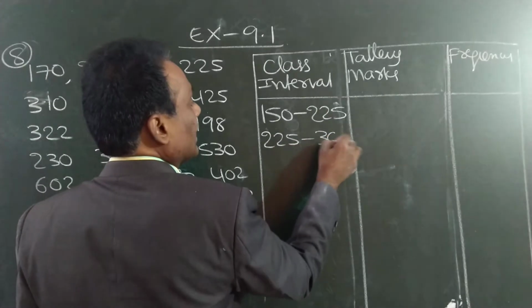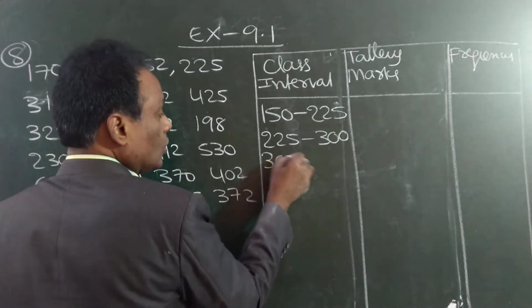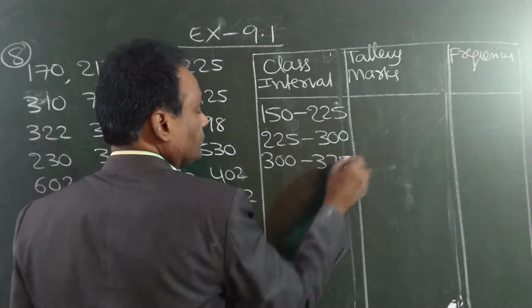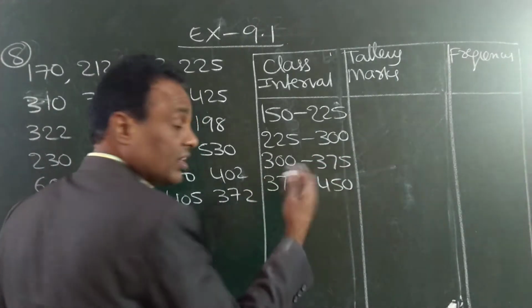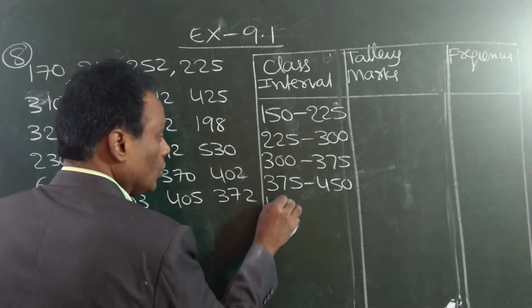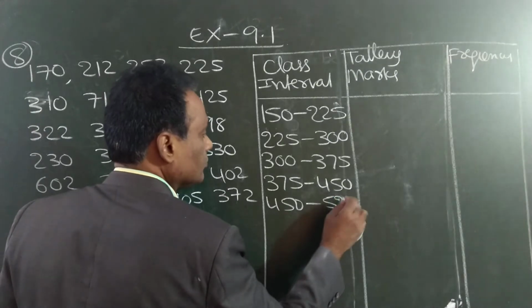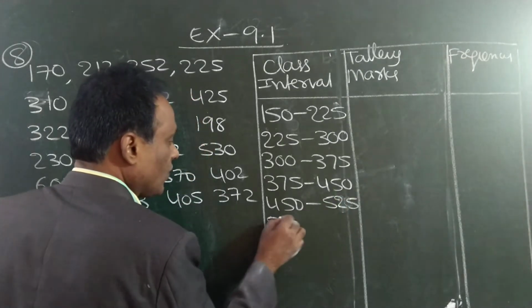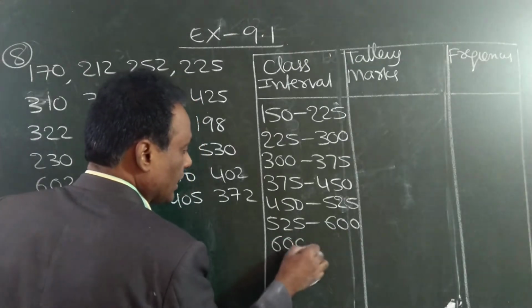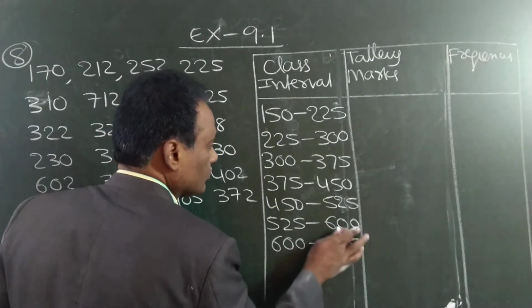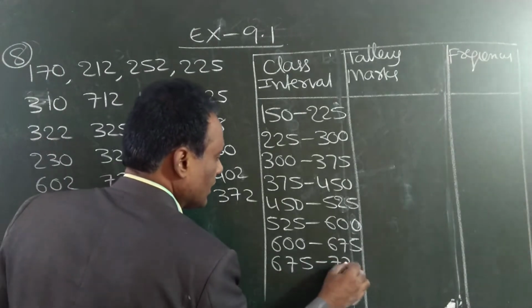225 to 300, 75 difference. 300 to 375. 375 to 450, 75 difference. 450 to 525, 525 to 600, 600 to 675, 675 to 750.